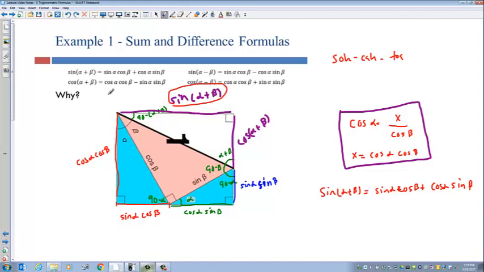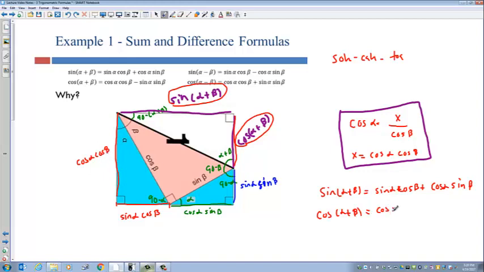And then where does the formula for cosine alpha plus beta come from? Well, here in purple, you can see right here, that purple side, that's the cosine of alpha plus beta. And you'll notice this opposite red side right here, cosine alpha times cosine beta.